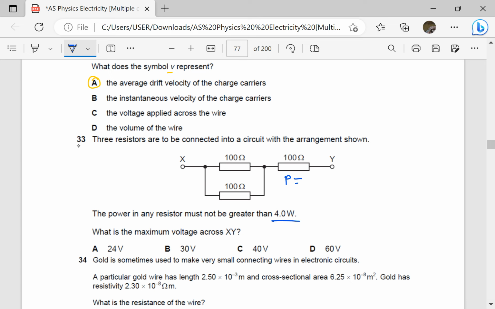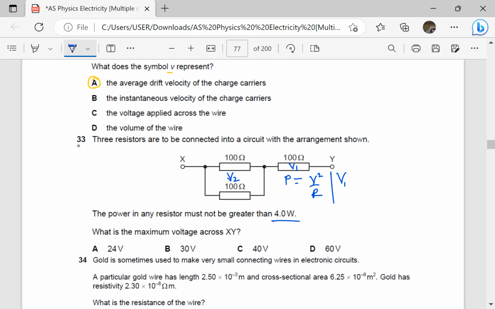Since we know the resistance, we can find its voltage. Power is equal to V squared over R. The PD across this one outside I'm going to call V1, and the PD here I will call V2. Maximum voltage will be V1 plus V2.